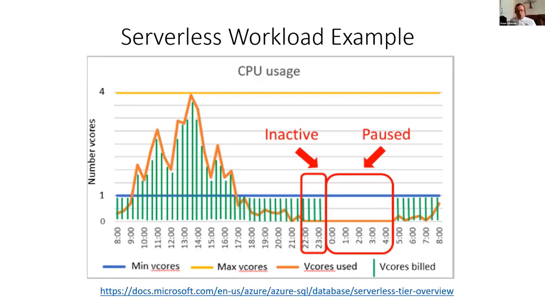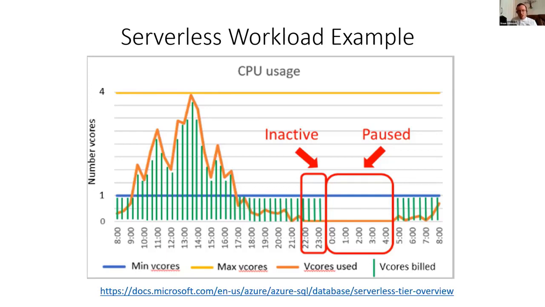The auto pause delay period is the period of inactivity that a serverless database needs before it will enter a paused state. During the inactive period, you are being billed for the minimum number of vCores and your database storage.